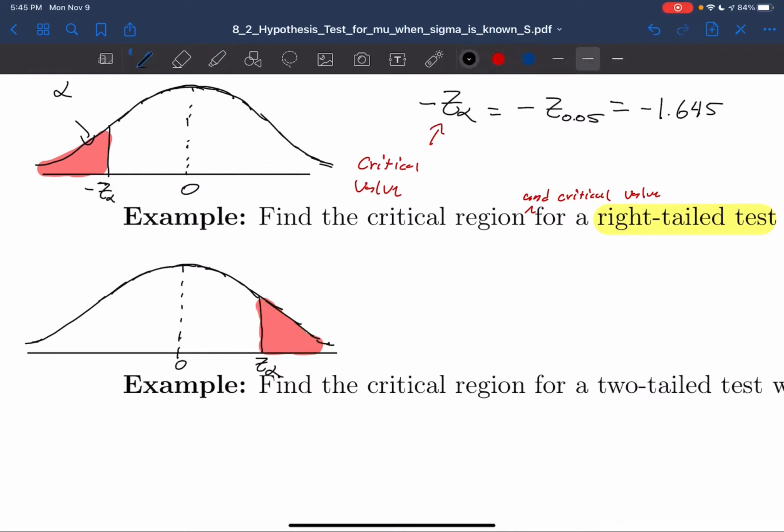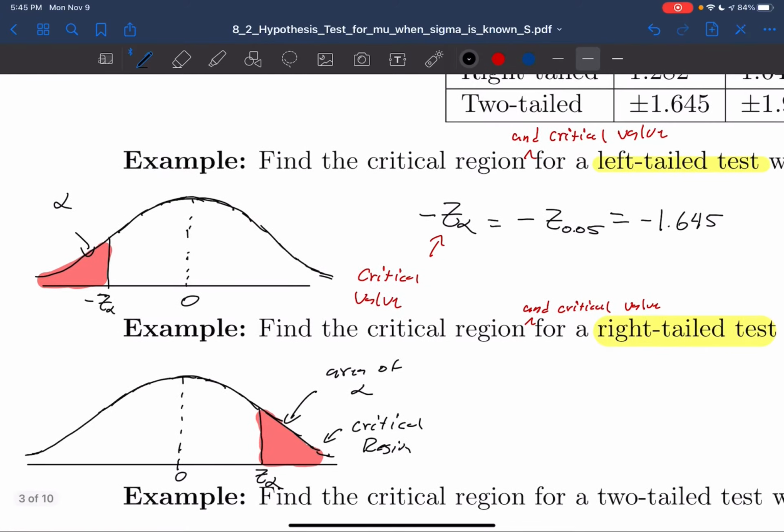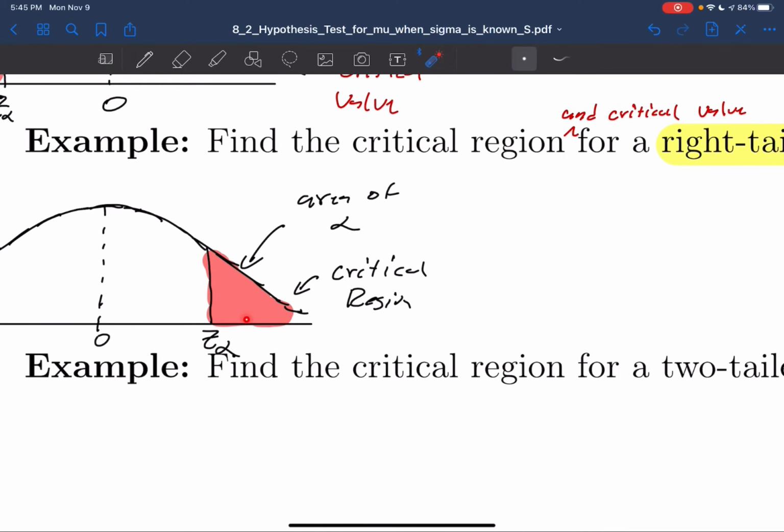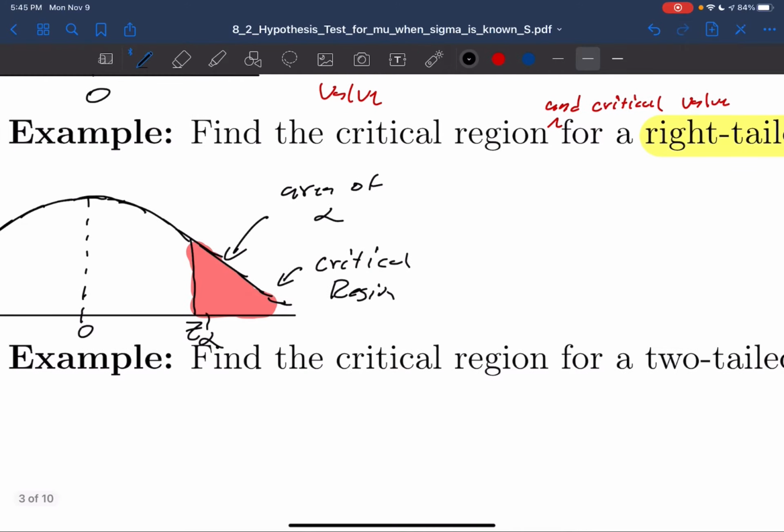So this has an area of alpha, but it's also our critical region. Let me just mark here. This is also our critical region, everything here.